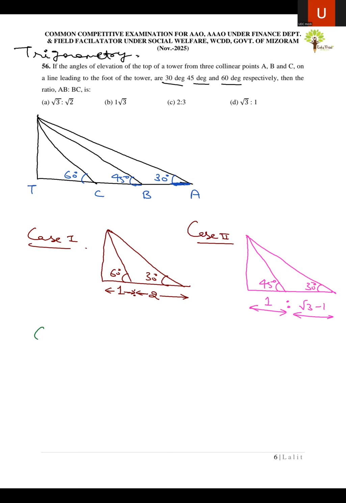Case 3, let us say you have two angles like this. Let us say this one is 60 and this one is 45. All right. Then again it will be 1 ratio root 3 minus 1. This ratio will be the same.